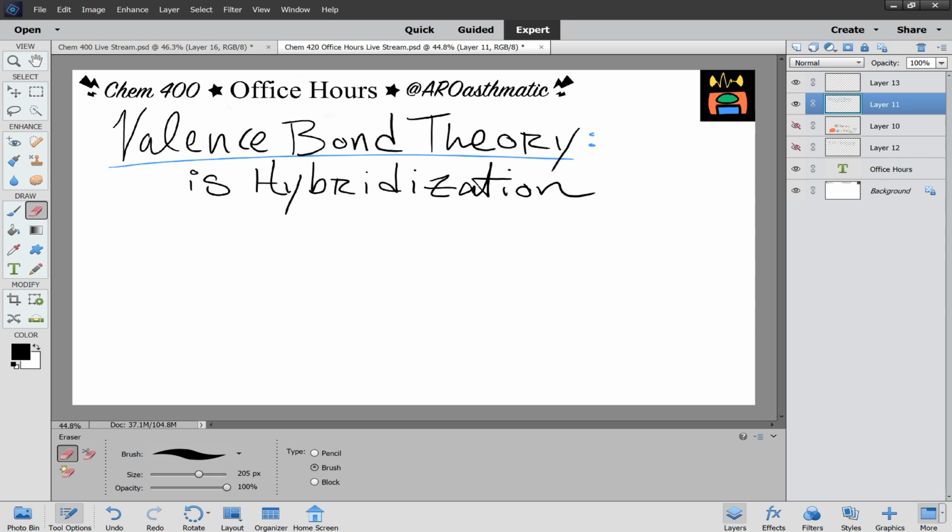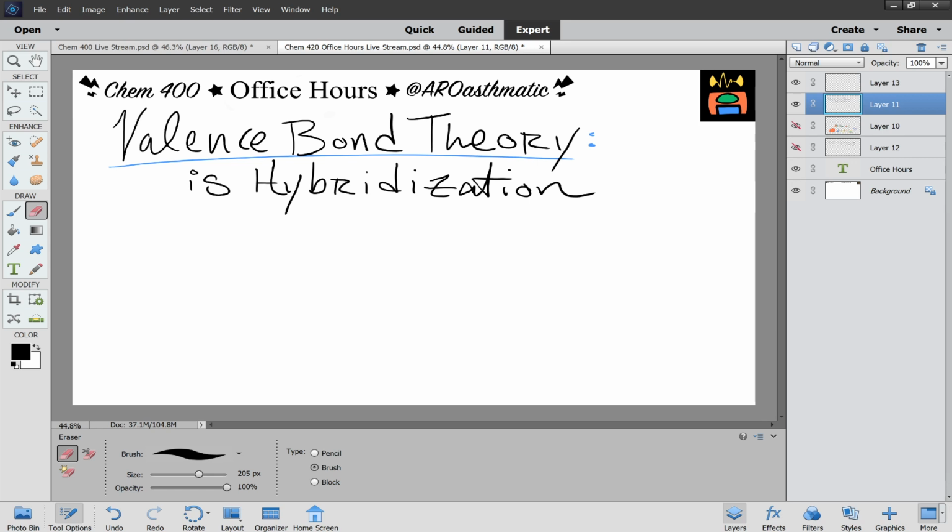So anyways, if you understand or feel like you have a grasp on hybridization, then you're actually doing okay with valence bond theory. It's just the idea that in order to form bonds to make molecules, the atomic orbitals hybridize, combine to make new hybrid orbitals that then engage in bonding through direct orbital overlap. So that's basically it.